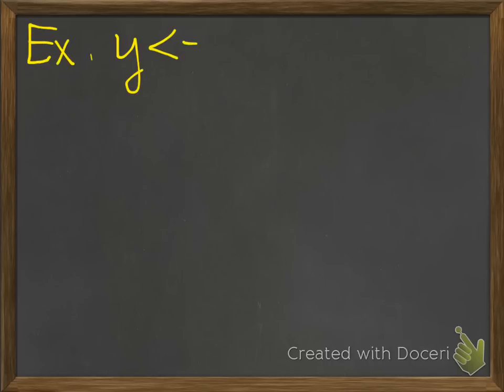So our first example is going to be y is less than negative 2x squared minus 4x plus 6. Now, I like to do this with the calculator, so you have to go back through those steps. I don't have a way to show the calculator here.